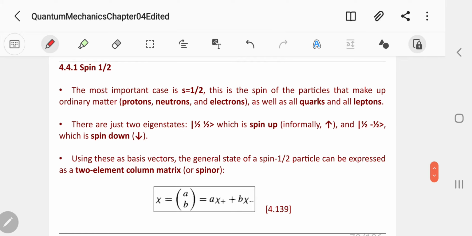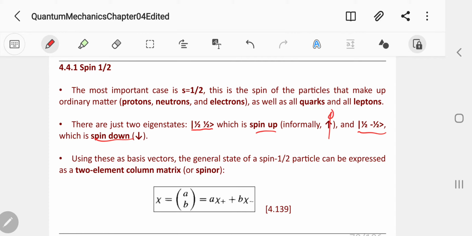So for spin 1/2, this is the most important case because protons, neutrons, and electrons compose matter and they have spin 1/2. So you can label a state by this one, spin up, and this one, spin down.